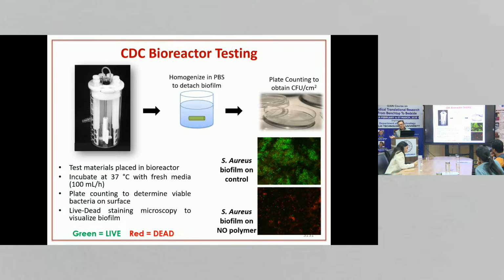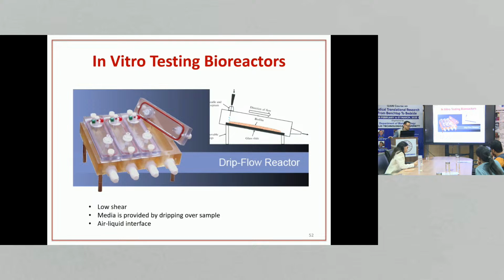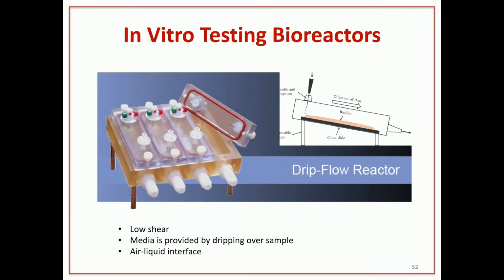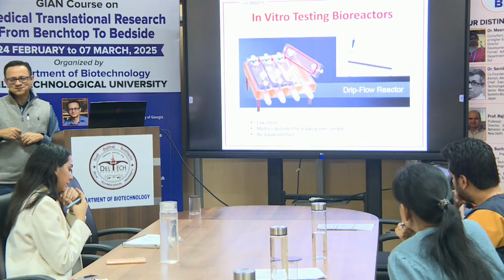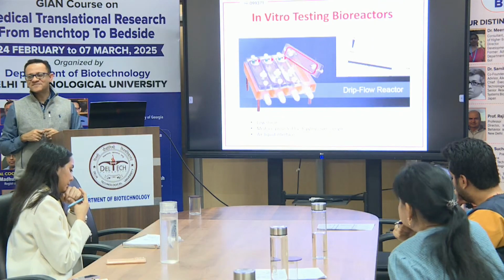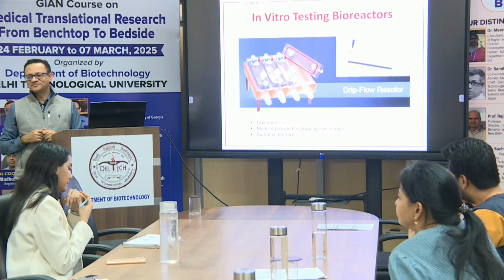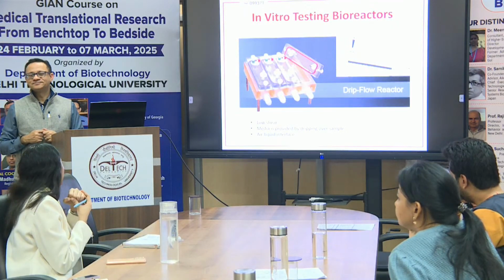I mean, for what type of application should I use CDC, and for what type of application should I use drip flow? Drip flow for a cannula, to insert in the veins? No? We can use drip flow for anything that is like a patch or something.